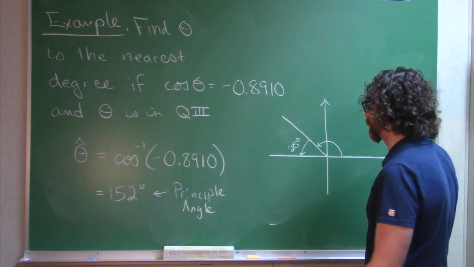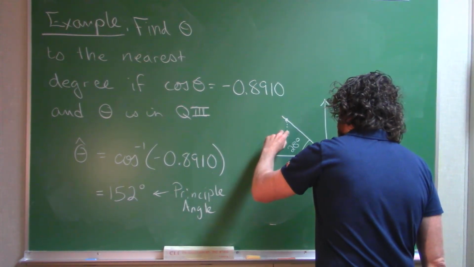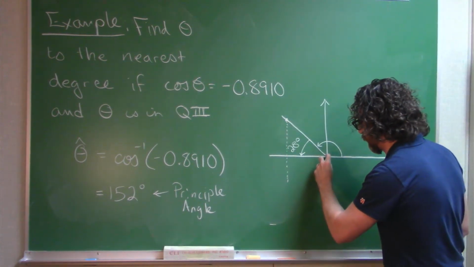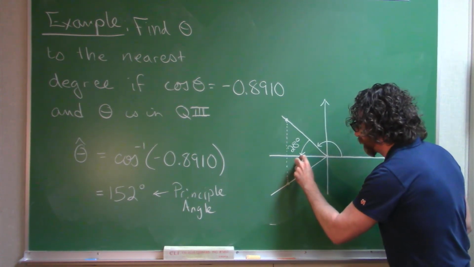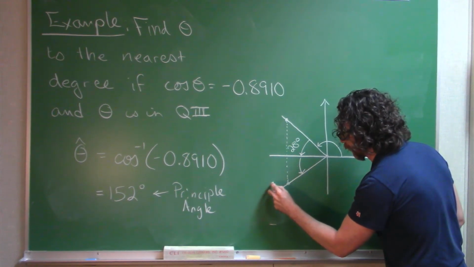Now we want to keep the same cosine. That means we want to keep the same x-coordinate. So we kind of want to keep that the same, like this right here. So we're going to need to make that 28 degrees as well.